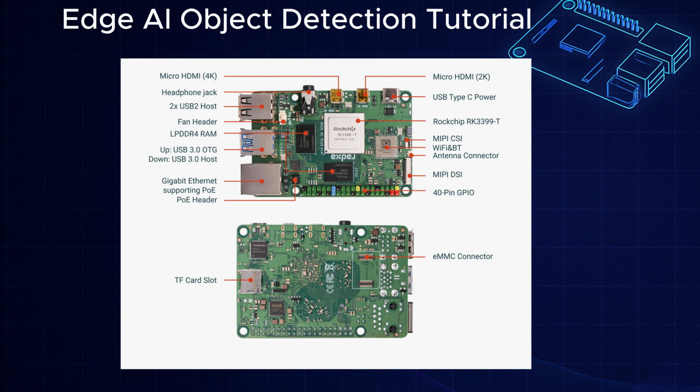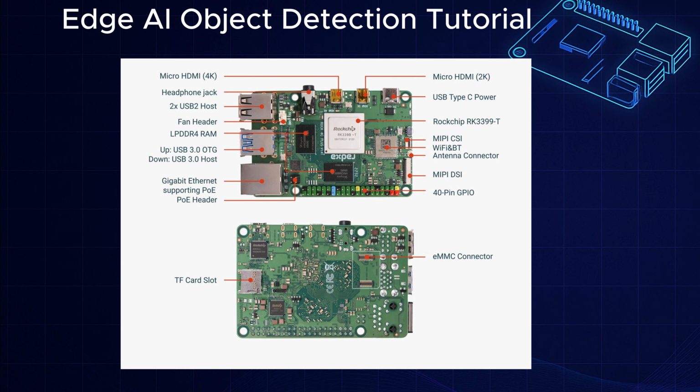For the RAM, it comes with LPDDR4 RAM. For storage, there are two options. There is an eMMC connector, and there is the microSD connector, which is the one that we have used in this tutorial.